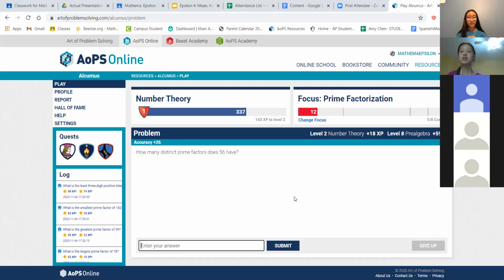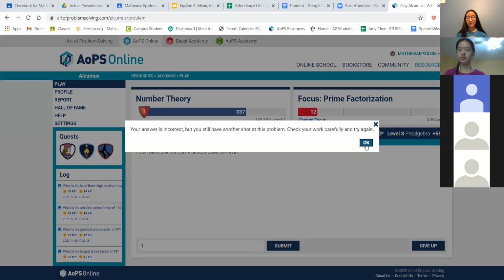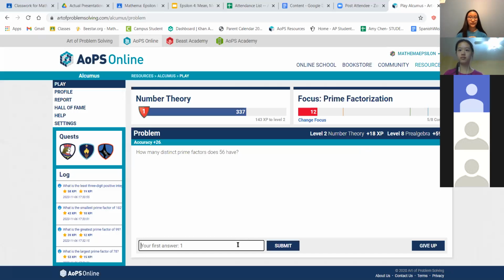How many distinct prime factors does 56 have? The first answer is 1. Wait, 1? And then we can also try 2, because some people are saying that.